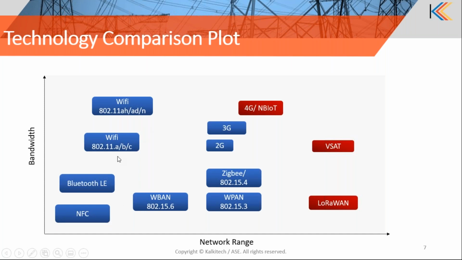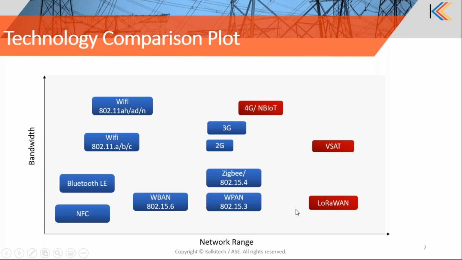The bandwidth of Wi-Fi is much higher, but the range coverage area is very small for Wi-Fi technology. But there are technologies like ZigBee or wireless PAN, which have improved network range, but that's also not suitable for our application, distribution monitoring of LV and MV side.